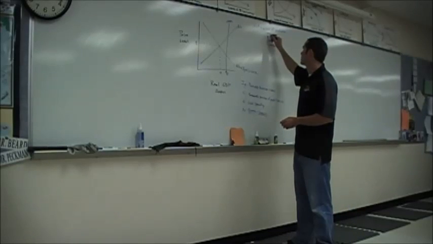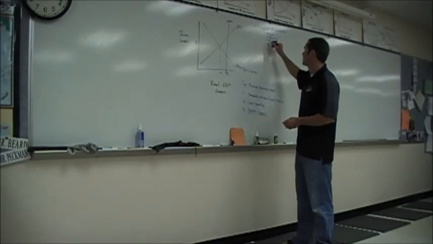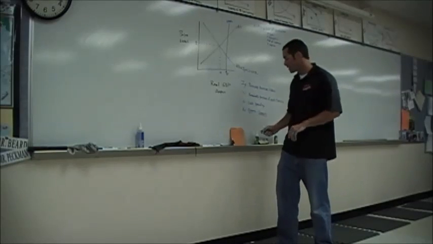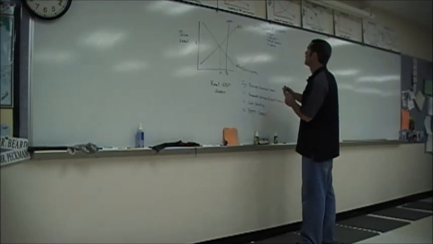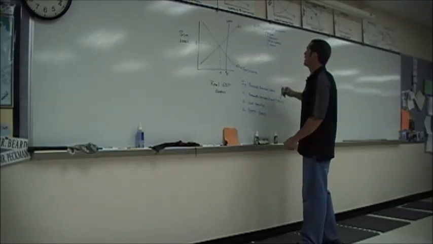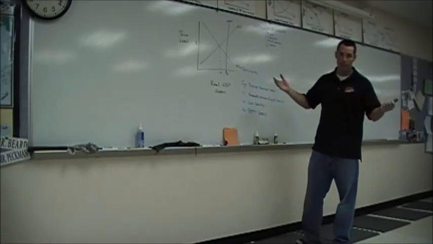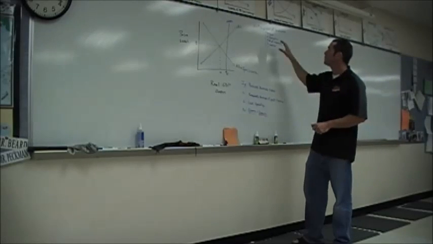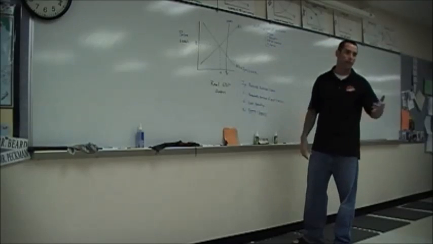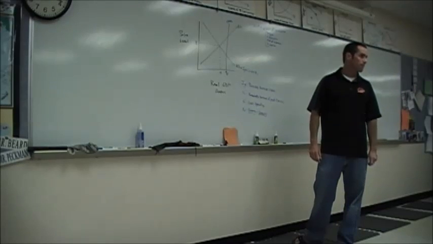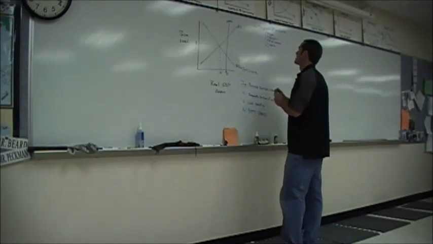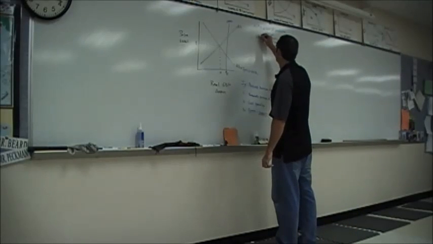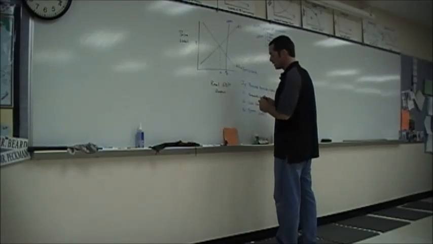If you were to increase any of these, it would increase aggregate supply. Not only would it increase aggregate supply, but what else would it increase? LRAS, yes, the long run. This would also cause the long run aggregate supply line to increase.